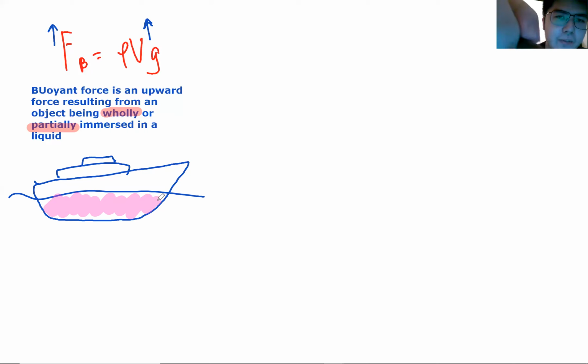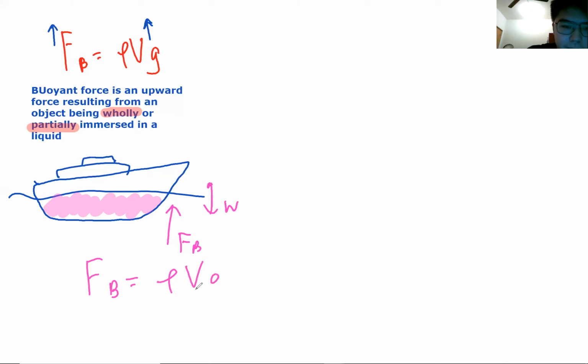Because if we have a big buoyant force, then we can balance out the weight of the ship, and that's when it floats, right? Same thing with the density. When the density of the water increases, the buoyant force also increases.